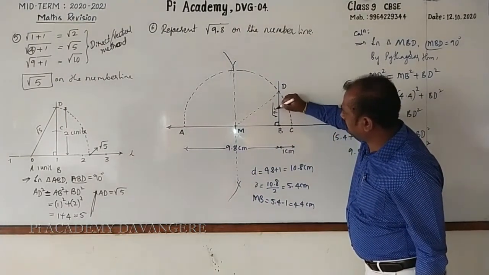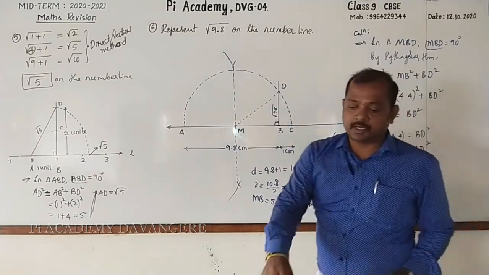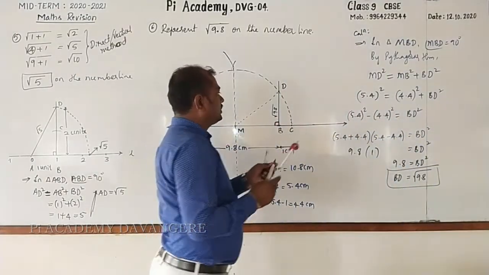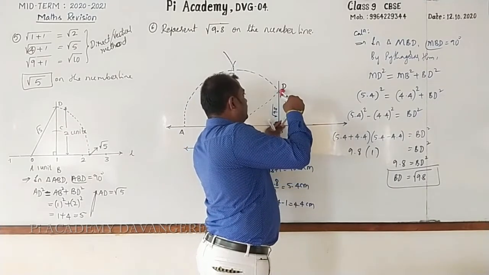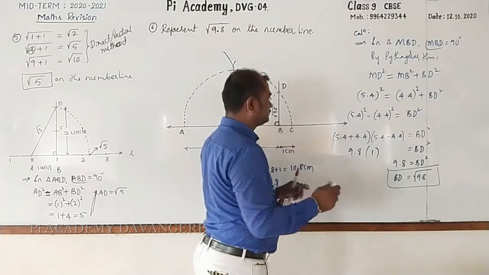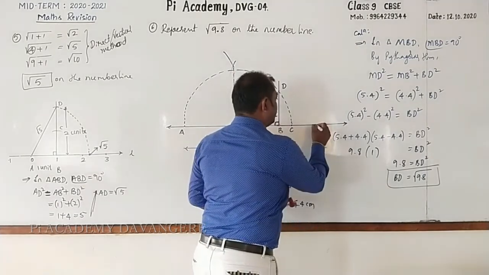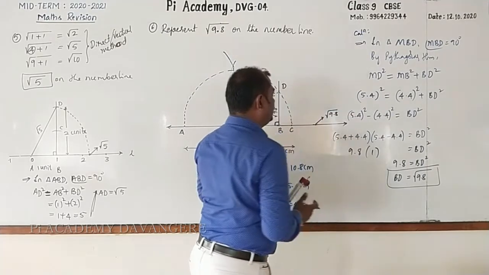Here I will write, BD is square root of 9.8. Now it should be represented on the number line. Again, take the compasses, take a distance of BD and draw an arc which cuts the line at a point. This point is square root of 9.8.